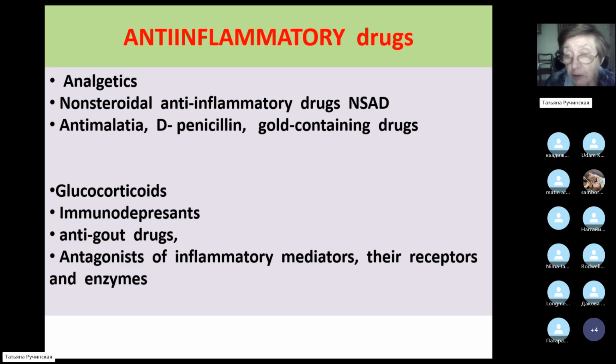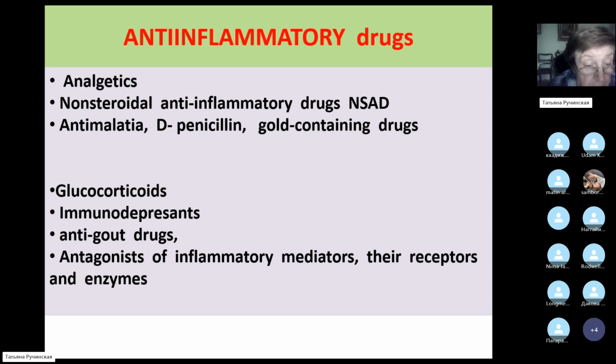Non-steroidal anti-inflammatory drugs, for example aspirin, decrease lipoxygenase activity, and this will lead to decreased formation of prostaglandins and thromboxanes.